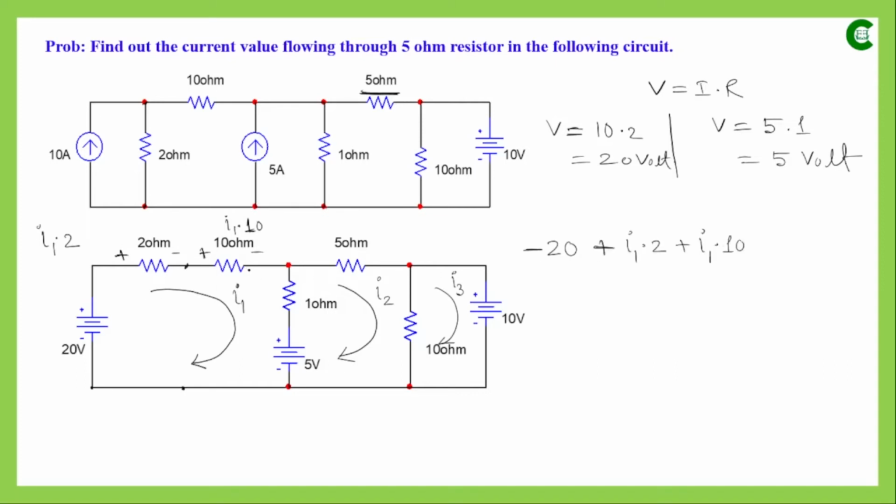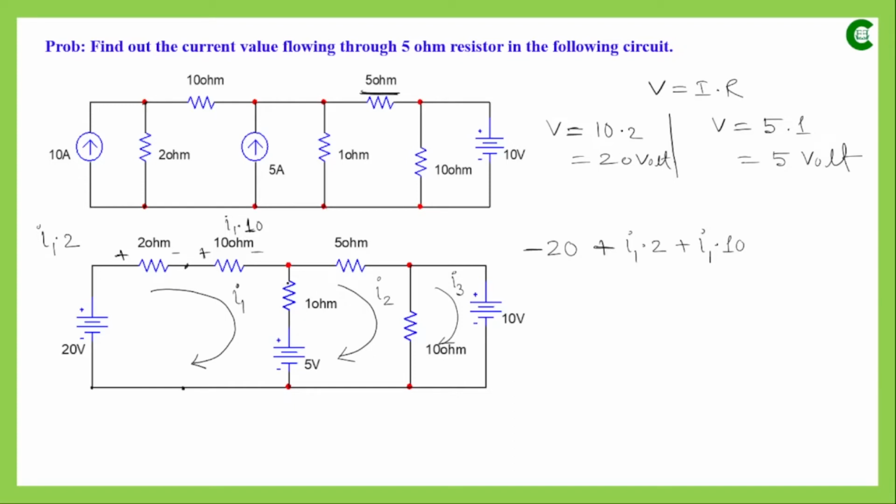Then if we follow the direction of the current, the next component that we come across is this 1 ohm resistance, and the net current flowing through this resistance will not be only I1. In the first loop the current flowing through this 1 ohm resistance is I1, but in the second loop the current value that we have assumed, I2, is also flowing through this 1 ohm resistance.